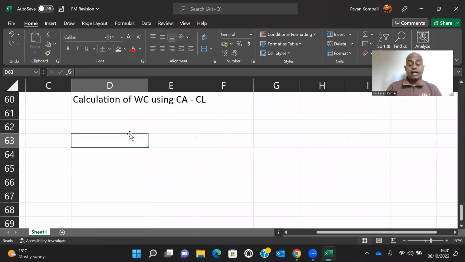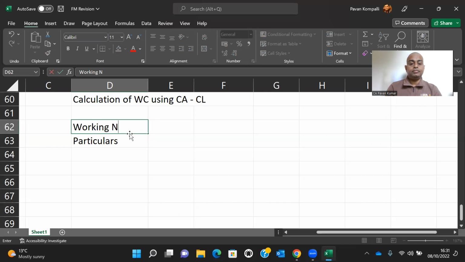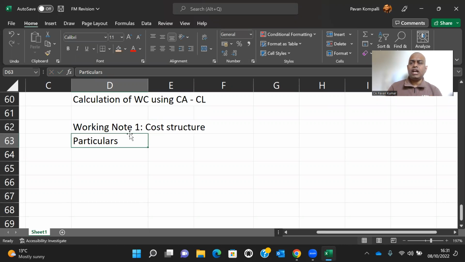So can I prepare a working note? Working note 1, cost sheet. Or we write cost structure, or you can write income statement, or cost sheet, anything is same. So you write particulars.